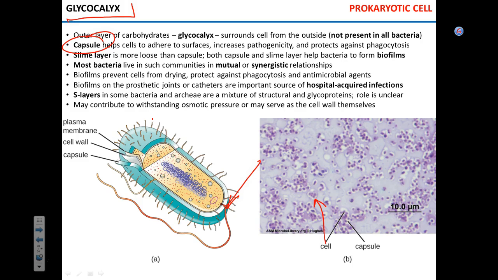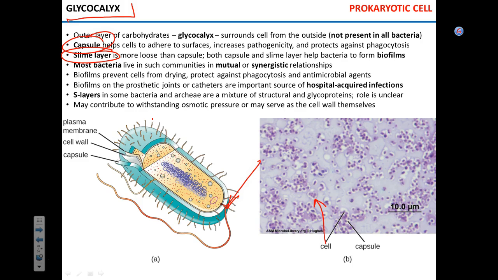Another type of glycocalyx is the slime layer. It is looser, more loose than a capsule. It helps bacteria to stick to surfaces very well.